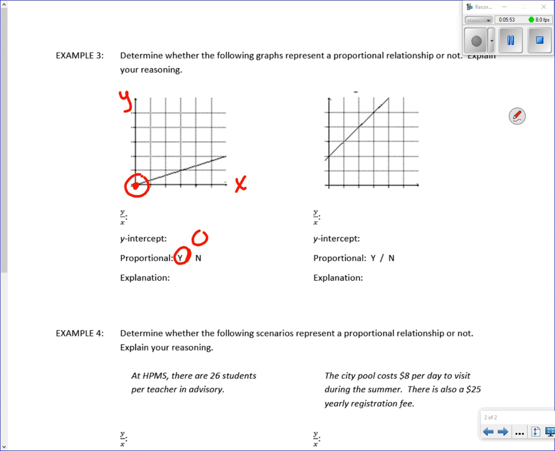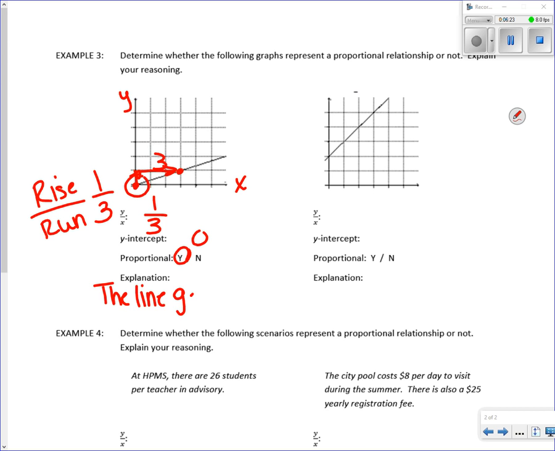To find my slope, I'm going to find another point that crosses exactly at the corner of the grid in the background, which is right here. So I'm going to do rise over run. My rise, I go up 1, and I run 3. So my slope is 1/3. So for my explanation as to why this graph is proportional, I'm going to say the line goes through 0, 0. So now you try the graph on the right.